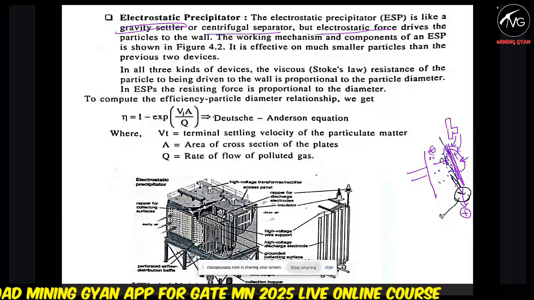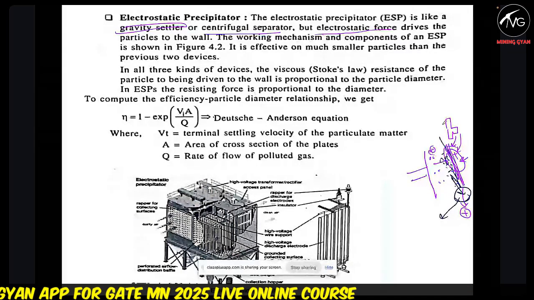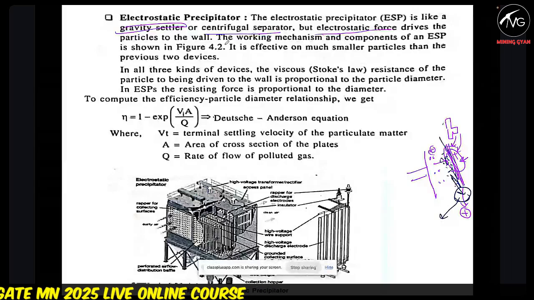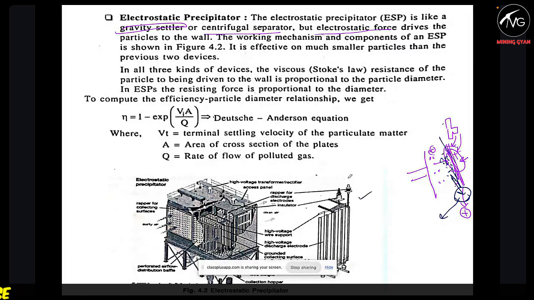This is the electrostatic method: you use electrostatic force to drive the particles onto the wall. So this type of box, these are the electrostatic precipitators. We will see the video so you will understand better.